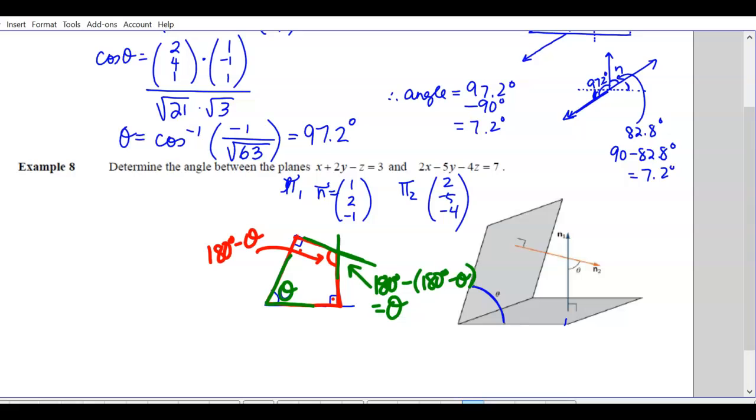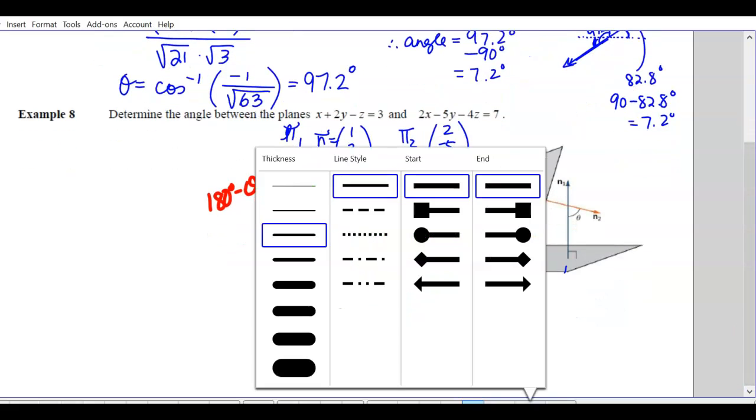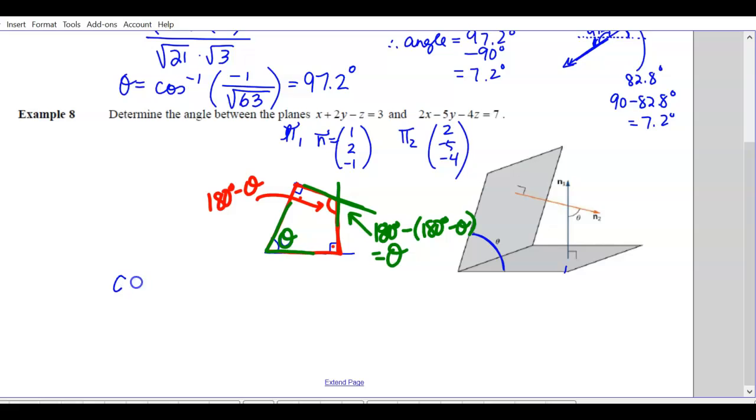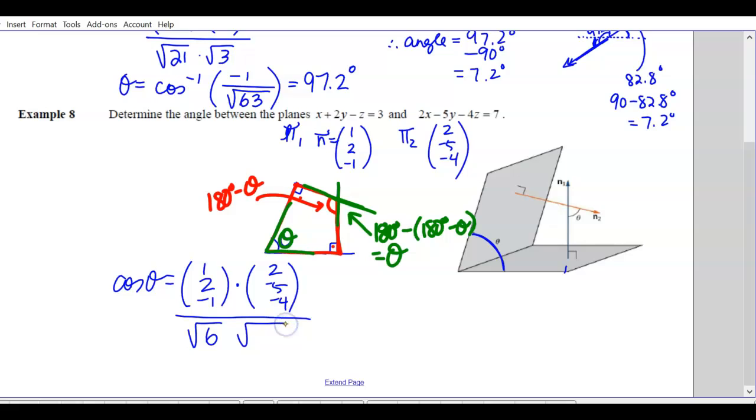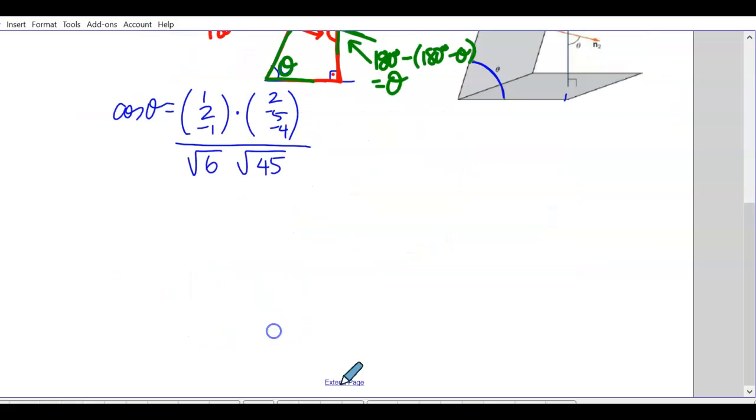It ends up being pretty straightforward. Cosine theta is the dot product of 1, 2, negative 1 with 2, negative 5, negative 4, over the magnitudes, root 6 times root 45.